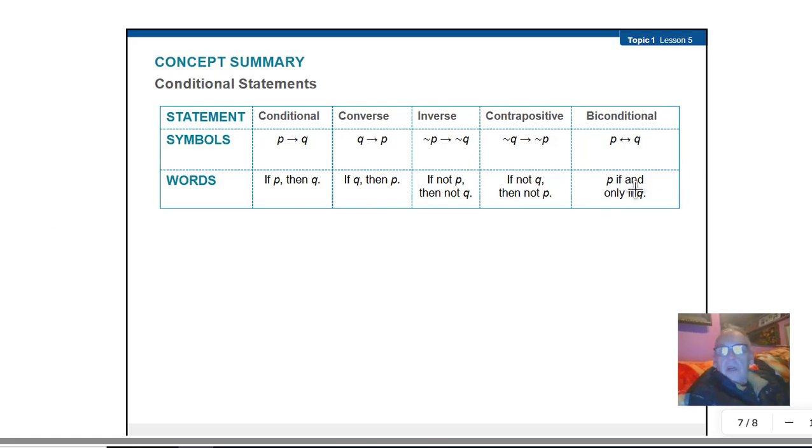Remember, again, in kind of an overview, if you can write this, it's always true, which means P implies Q and Q implies P are both true. These can be evaluated separately as to whether they're true or false. Okay, let's stop there.